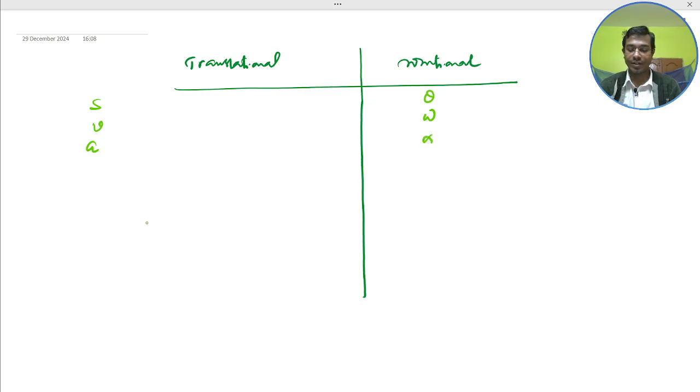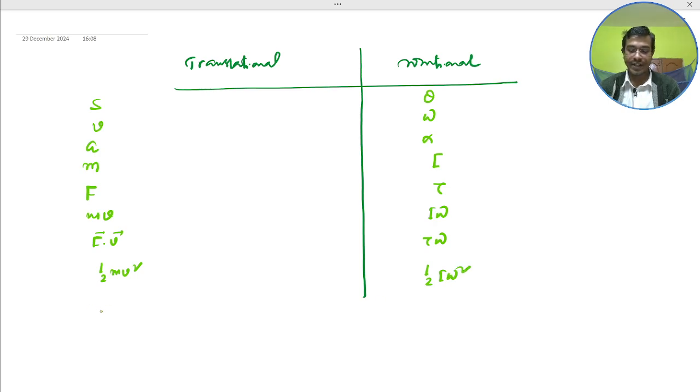For your better concept, this is called the inertial mass m, and here this would be called the I, moment of inertia, the force F, here the torque tau, momentum mv, here I omega, the power means F dot v, here tau omega. This is the rotational power. Kinetic energy half mv square, and here half I omega square.